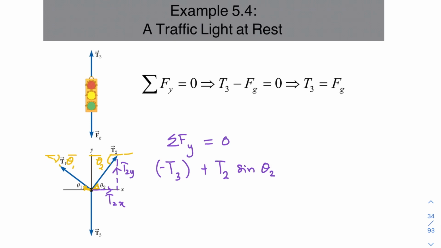For T1, the components of it are T1x pointing to the left, so it's going to have a negative sign, and T1y, plus T1y.